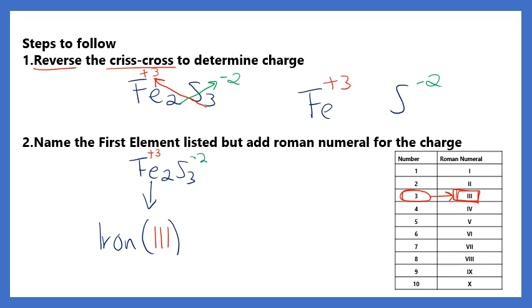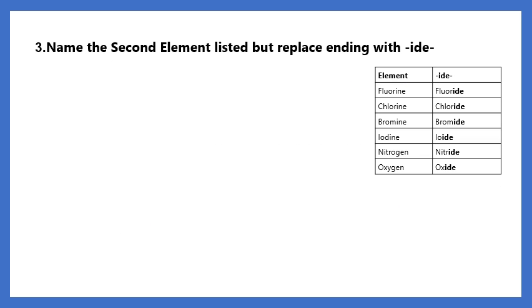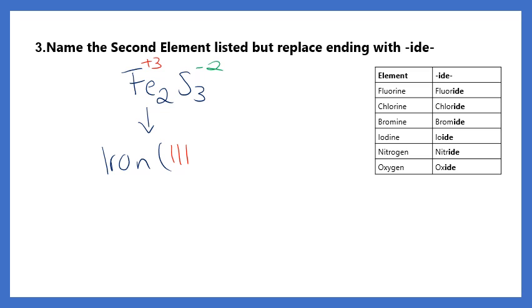Let's look at the next step. The next step says that you want to name the second element listed, but replace the ending with "ide."